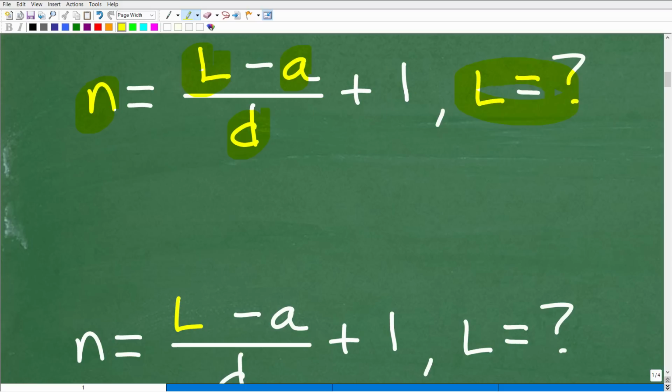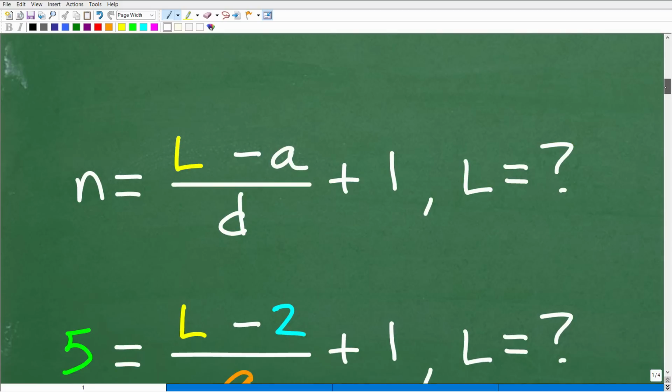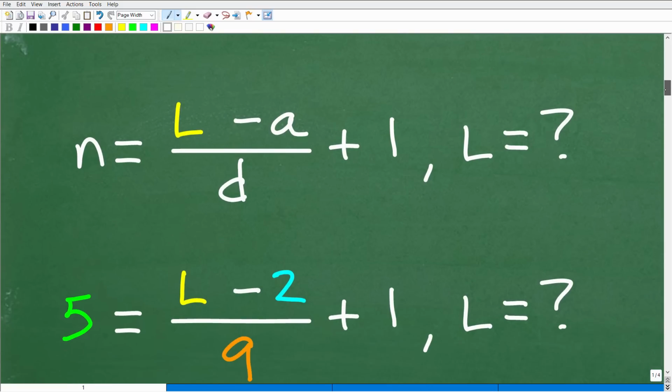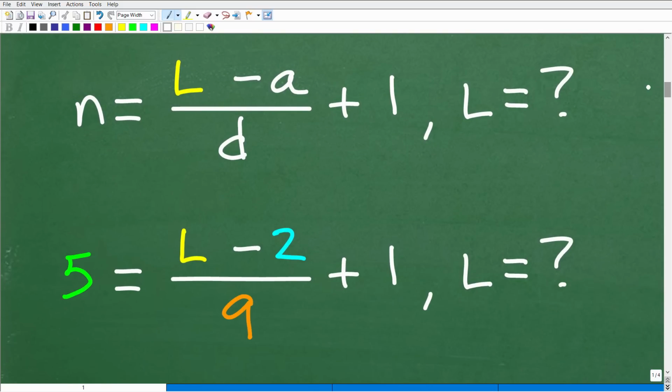We're trying to rewrite this equation in terms of L, or solve this equation in terms of L. So what you need to think about when you're doing this type of exercise in algebra is we have an equation with multiple different variables. You need to focus in on the variable you're trying to solve for. In this case, it's the L, right? So we're trying to isolate this L or rewrite this equation in terms of L.